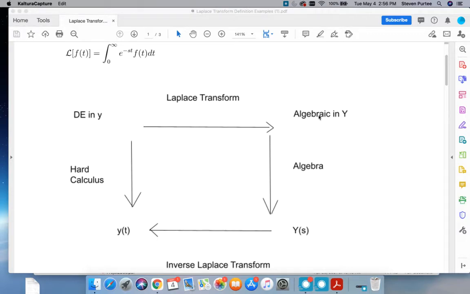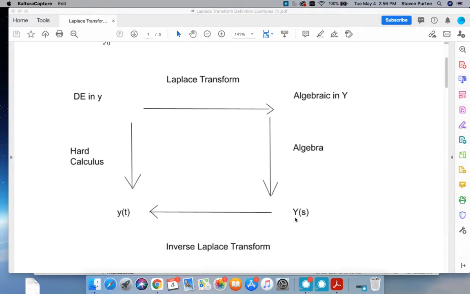Instead of having our variable t, our variable will be s. Over here in the s domain, instead of doing hard calculus, we do relatively simple algebra, solve whatever we get for what we'll call capital Y of s, and then we undo our transform, do the inverse Laplace transform, and we get our solution to the DE.